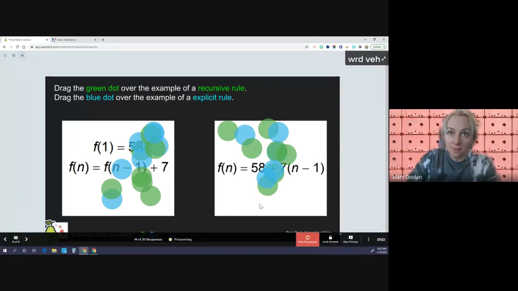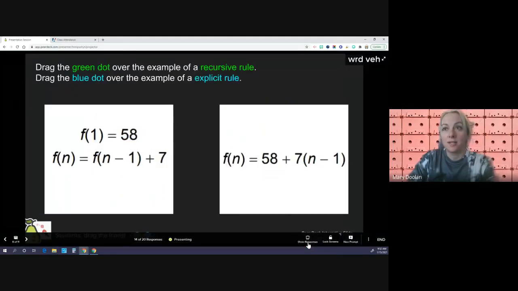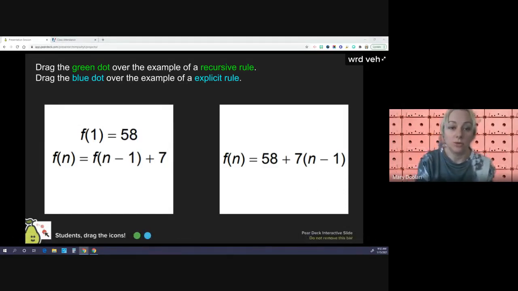So let me ask you this. Look at these two different sequences. This is one example, and this is another example. I want you to look at them and notice what's different. What do you notice that is different from one to the other? You can type it. You can say it.